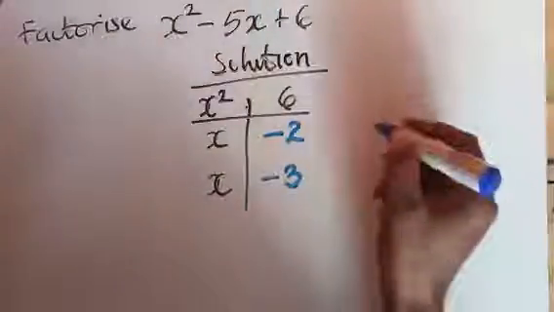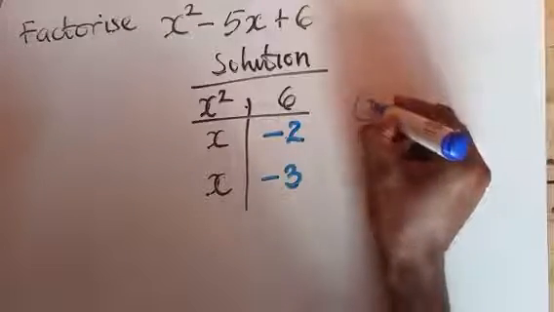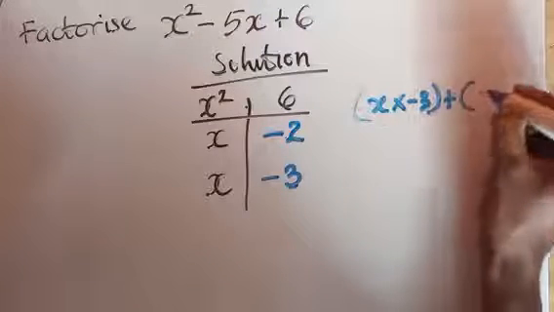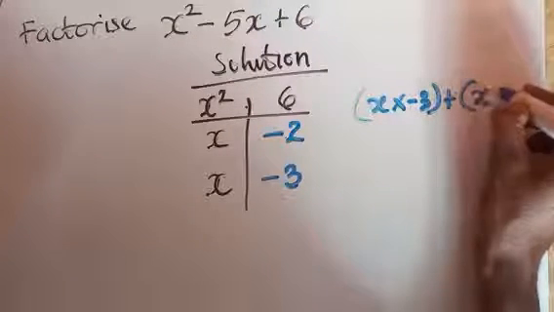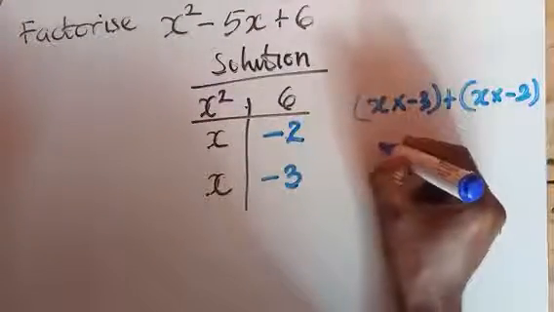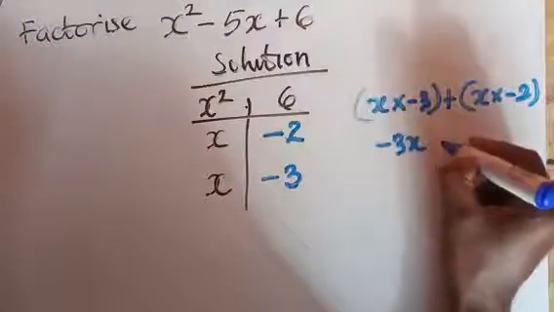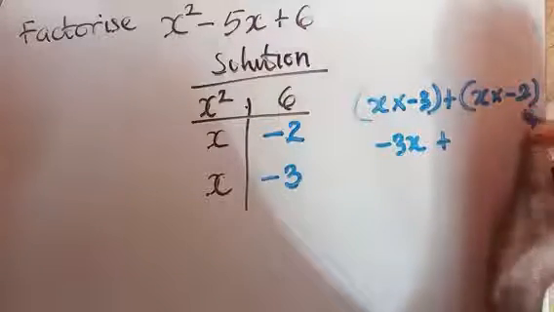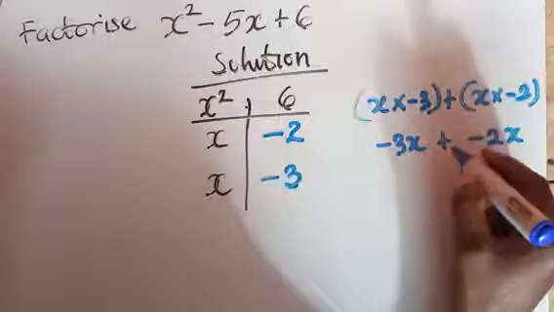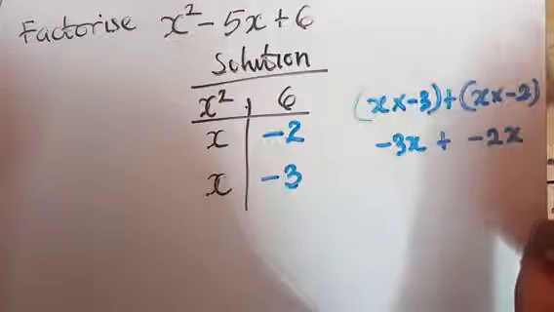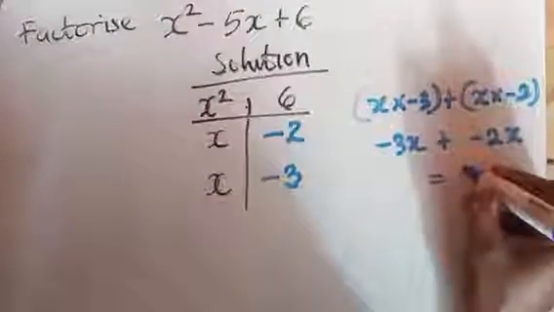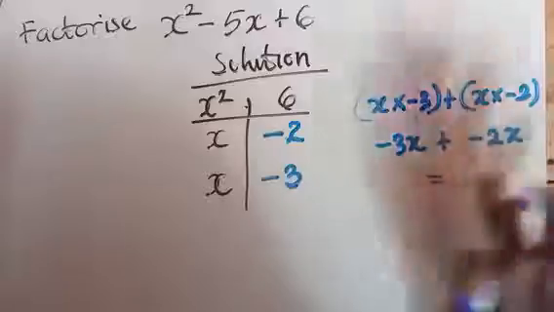So your checking will be x times negative 3 plus x times negative 2. What am I going to get? x times negative 3 gives me negative 3x. Then plus x times negative 2 gives me negative 2x. So in answer, I'm going to get negative 5x.